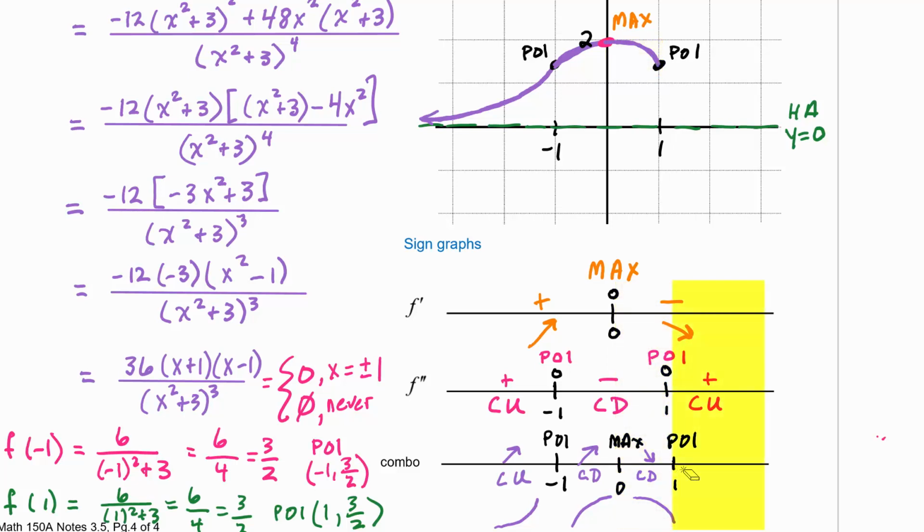Then from 1 to infinity, we are going to be decreasing and concave up. So that has to look like this. So we go up there to the graph, and now we have a completed graph. We had to be increasing and concave up until we hit that point of inflection.